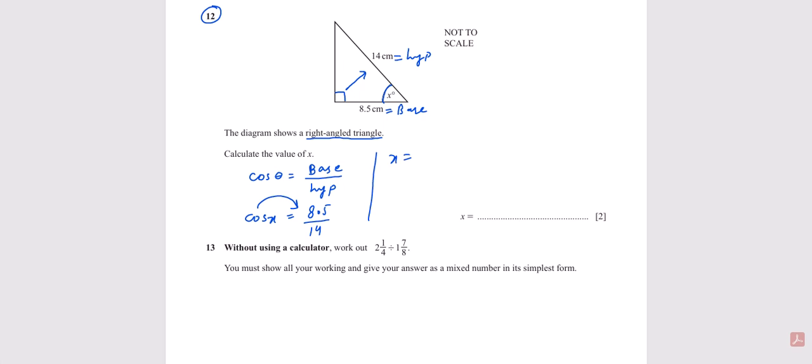So X is equal to cos inverse of 8.5 divided by 14. Calculate these values, we get 52.61. So the final answer is 52.61.